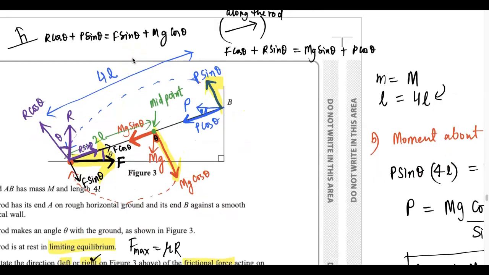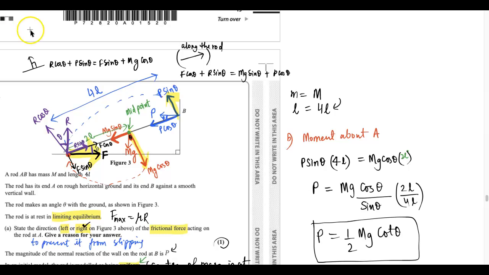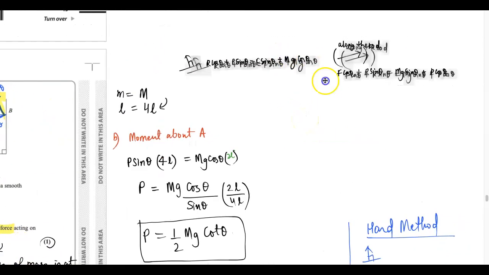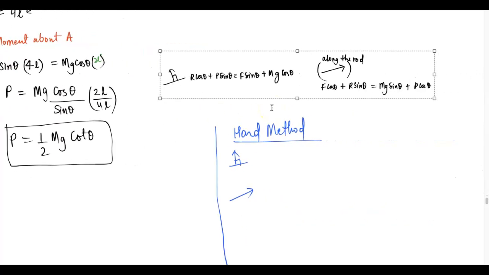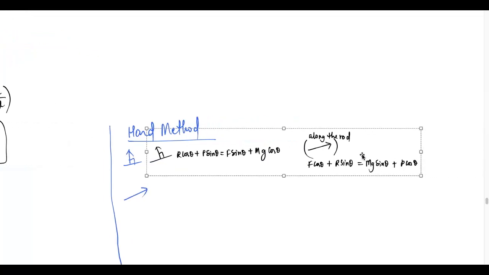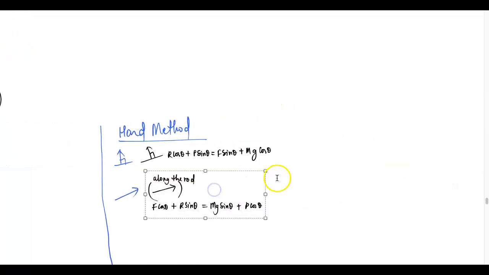So let me take these two equations we have written down there and show you what we are doing. We are solving the same thing, but it's going to take more time for sure. So I'm just adding it here like this.